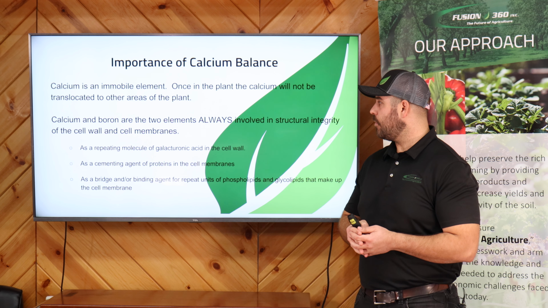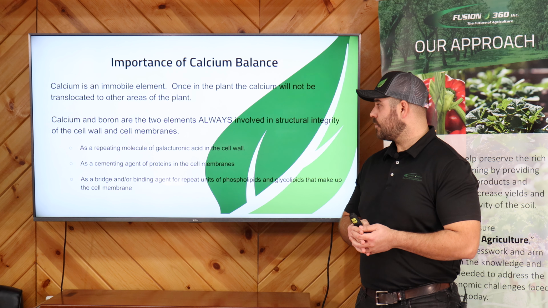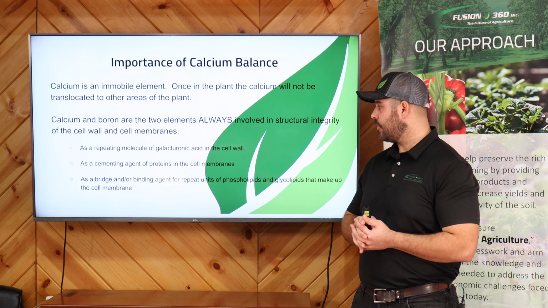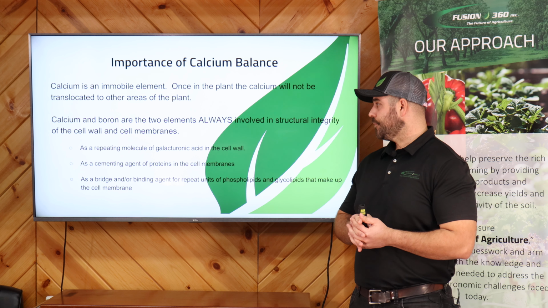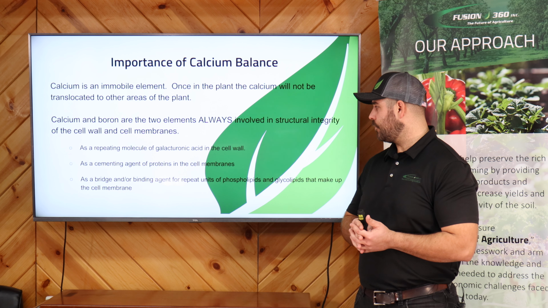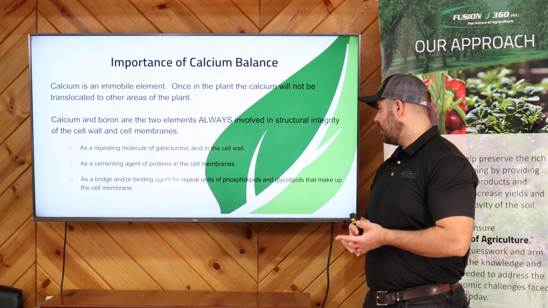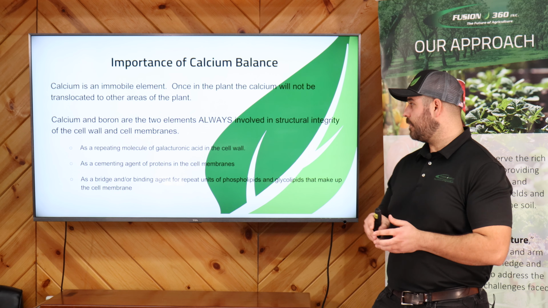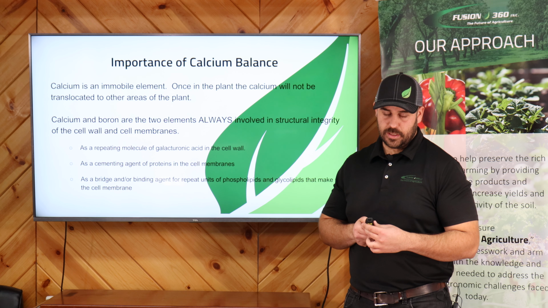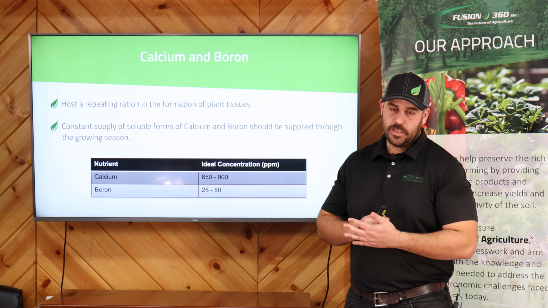As a repeating molecule of galacturonic acid in the cell wall, it's also a cementing agent for proteins in the cell membrane, and it's also a bridge or a binding agent for the repeat units of phospholipids and glycolipids that make up the cell membrane. So that's basically calcium's key role in a plant.